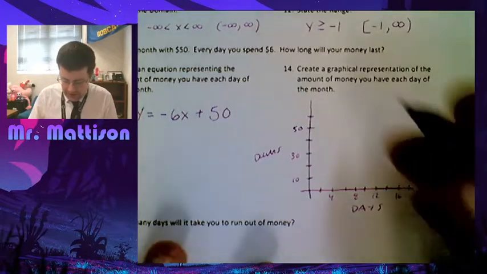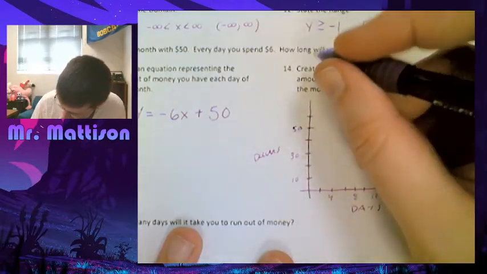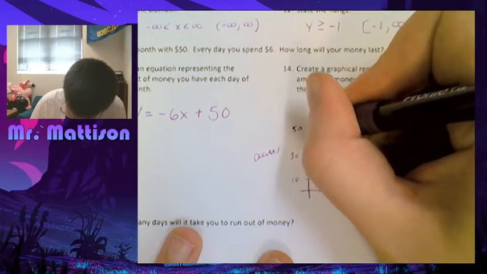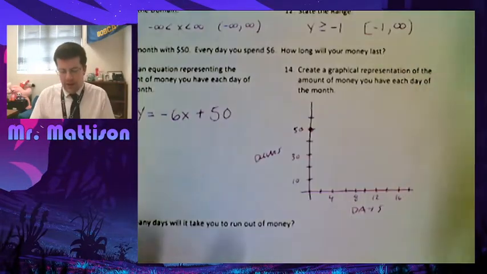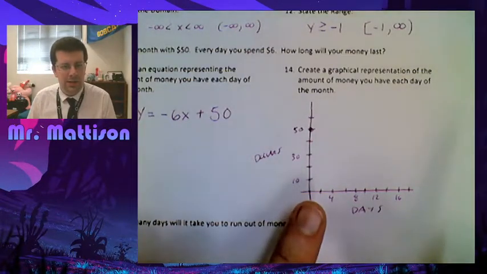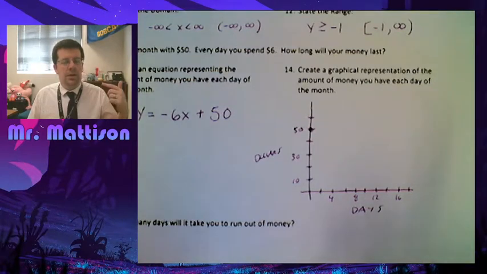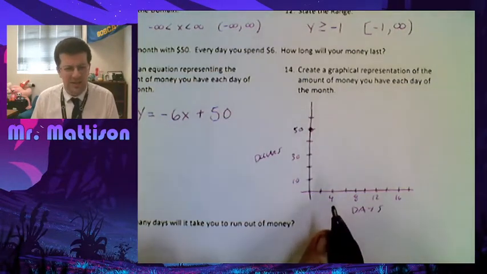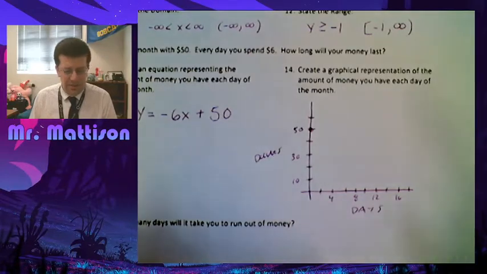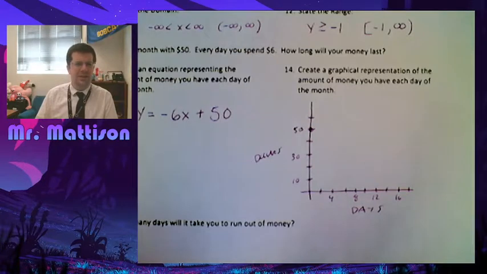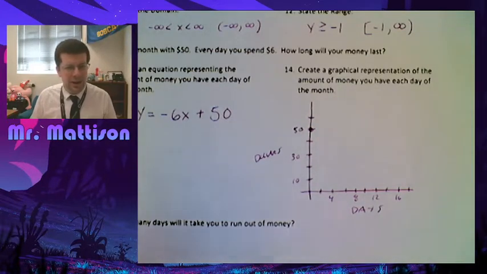So I know I'm going to have one point here at 50. And then if I can find a second point, it's going to be a lot easier for me. So I could do at day 1 is going to be $44. But looking at my units, and how my graph is scaled, I'm going to go to the nearest $10 amount here.